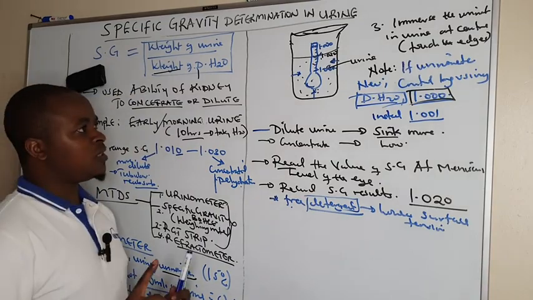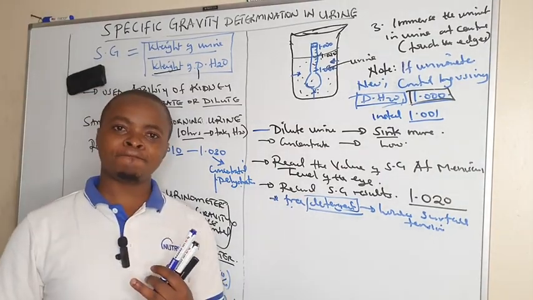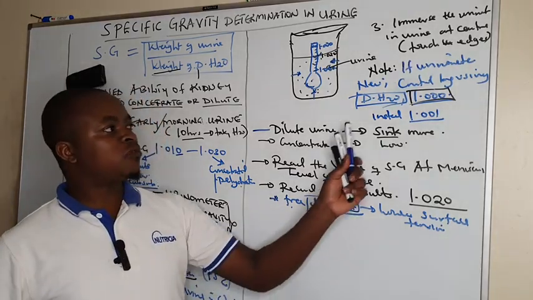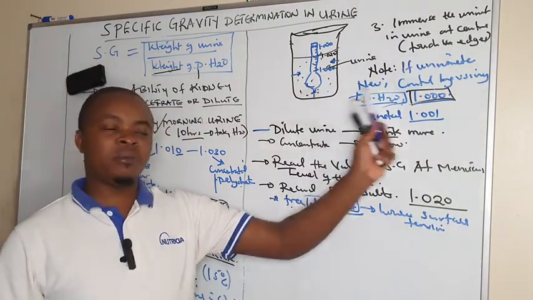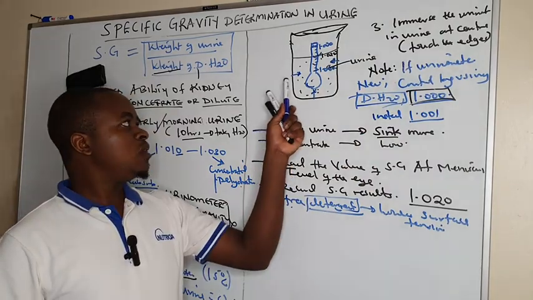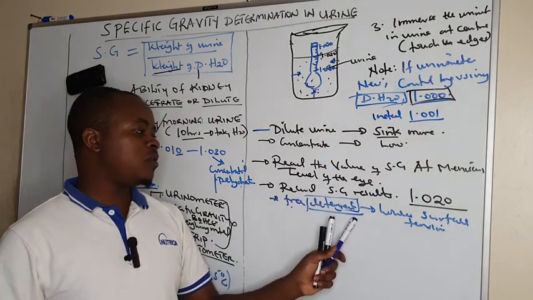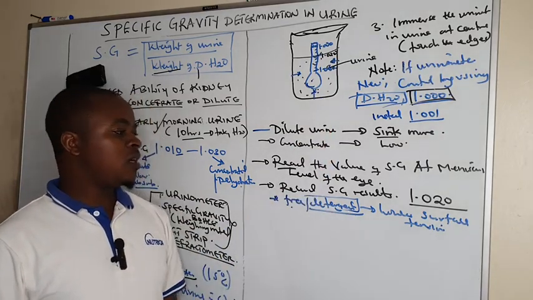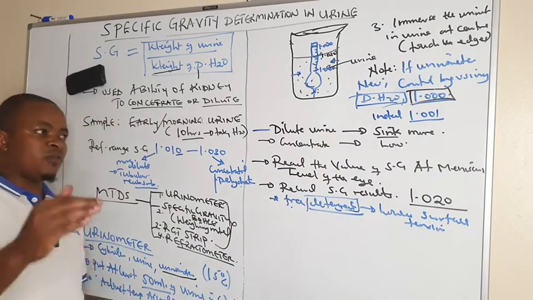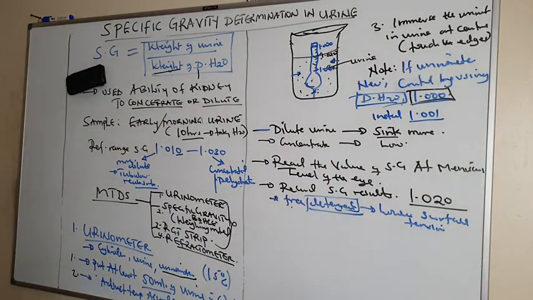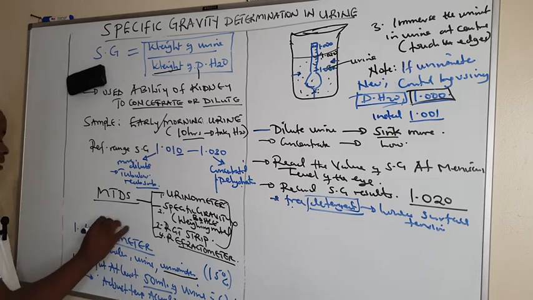So the sources of error are failure to adjust a new urinometer, making the urinometer touch the edges or the bottom, and using a container with detergent. So that is the urinometer.